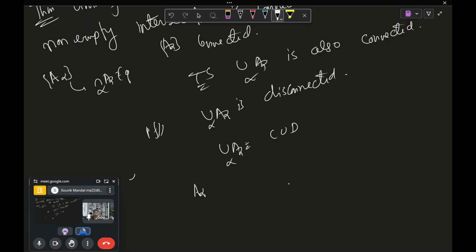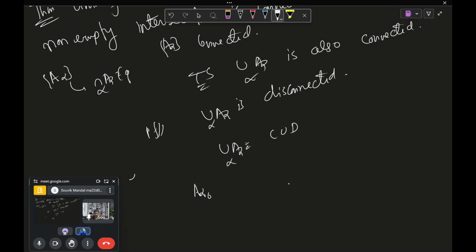So there are no two disjoint sets in the collection of the alpha. Sorry, I don't get you. What I've said is, if you take a particular alpha, let's call it alpha naught, then what about A alpha naught?